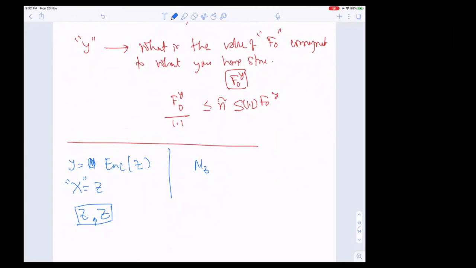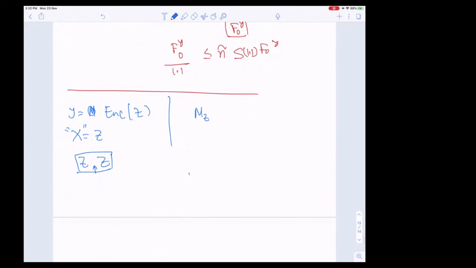So in this case, the estimate which you can get is n tilde, roughly n over 100 minus n over 1000, right?